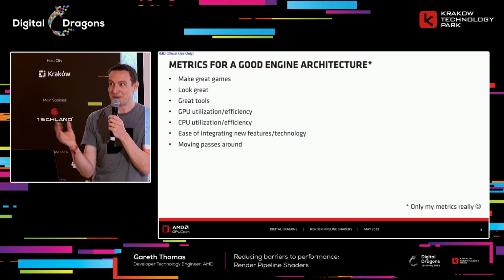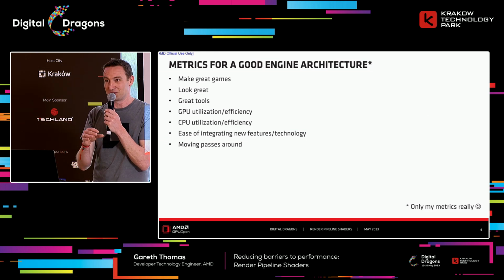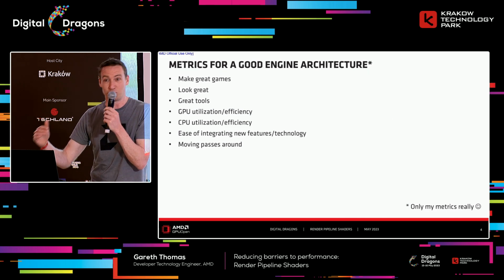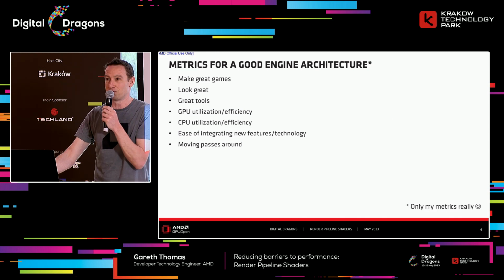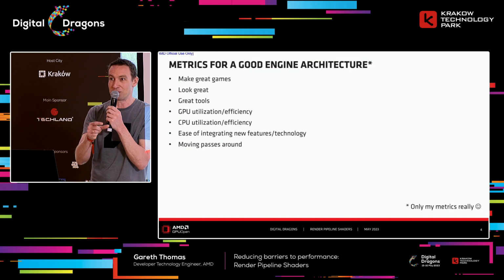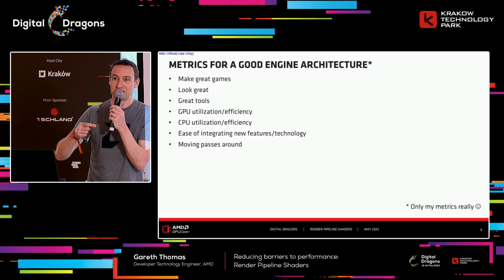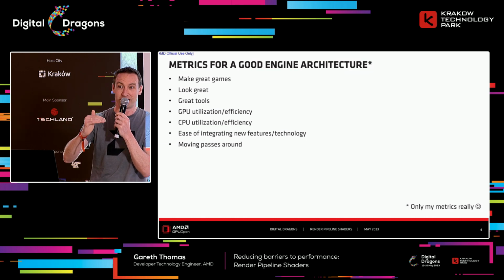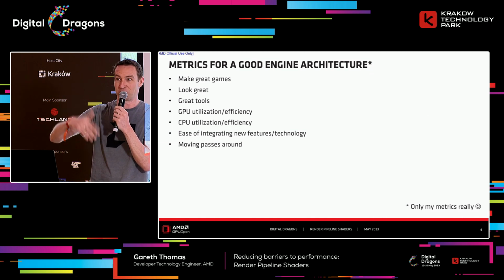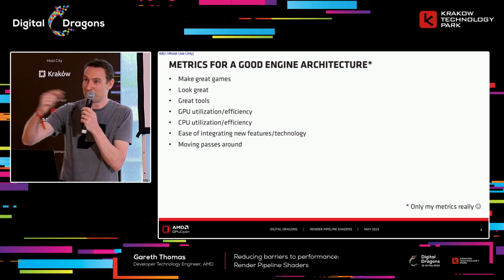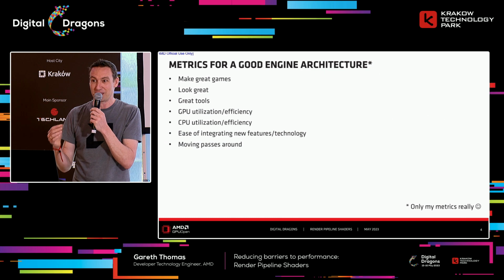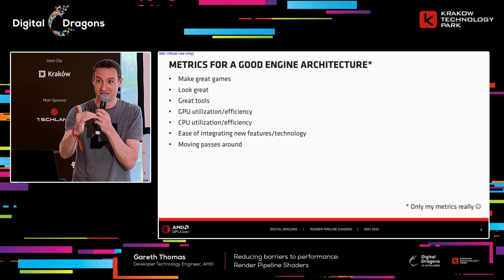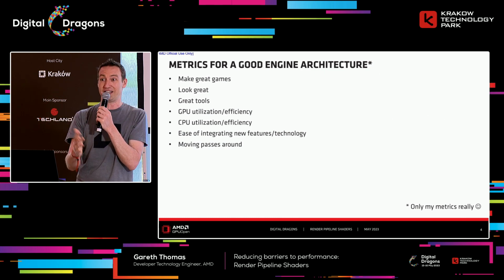In some engines it's easy, in some engines it's significantly more work. You can almost boil it down to the simple metric of how easy it is to move one pass before another. You've got a post-process chain, and I want to move one pass to another place. Is it a single line of code to do that? Can I do it on the fly? Great if you can.